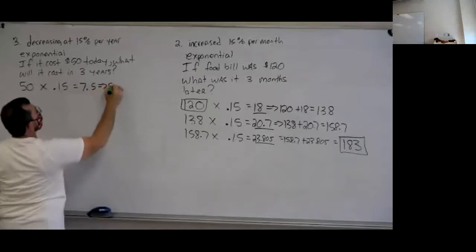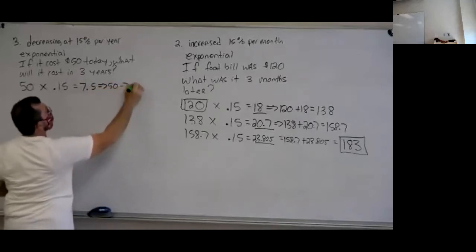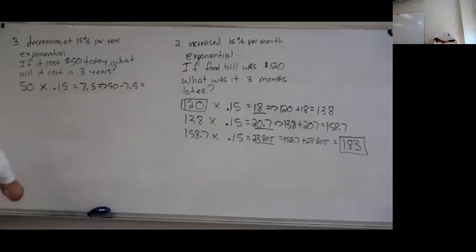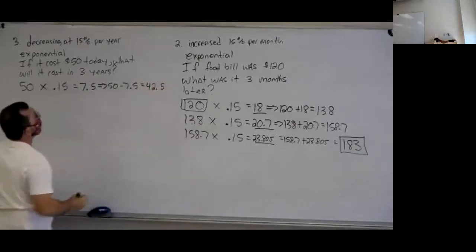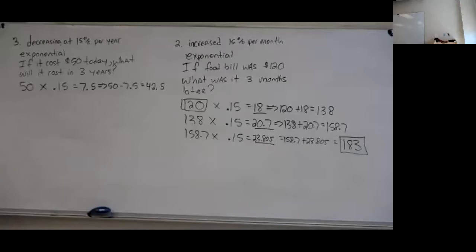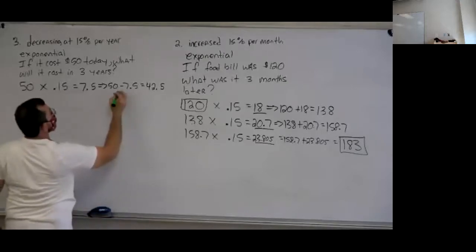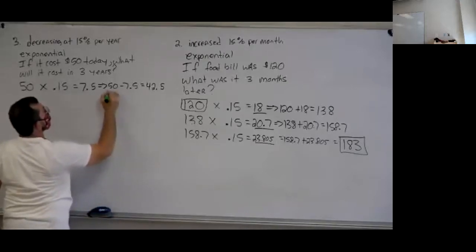We're going to take the 50 minus the 7.5 to get my total after 1 year. So 50 minus 7.5 will give me 42.5. So the main thing I would remember is that you subtract for decrease.